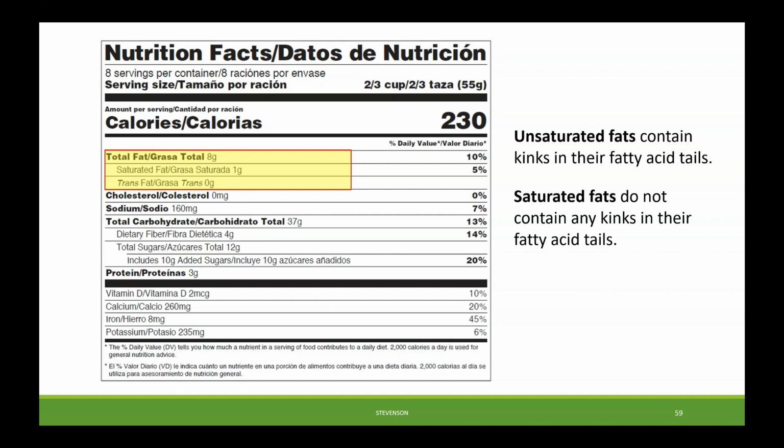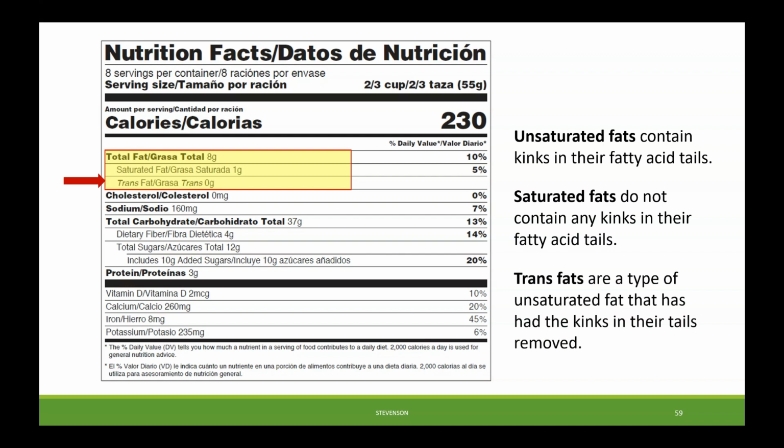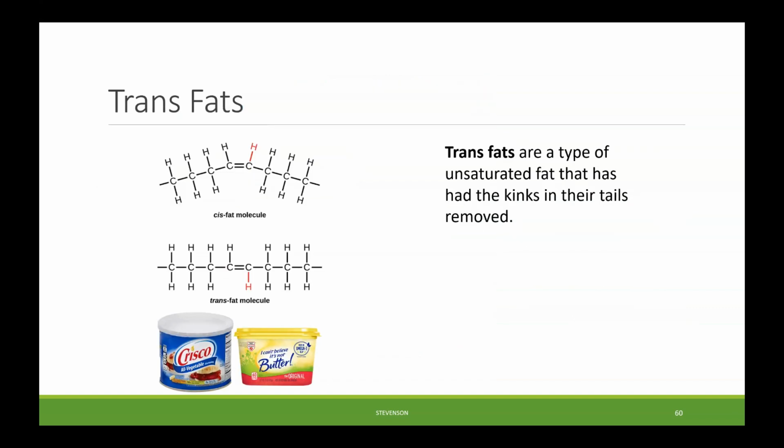The other thing that you will see on the nutrition label under the category of fats is trans fats. Trans fats are a type of unsaturated fat that has had the kinks in the tail forcibly, artificially removed. So trans fats were not actually a significant part of the human diet until a food manufacturing process called hydrogenation was invented.